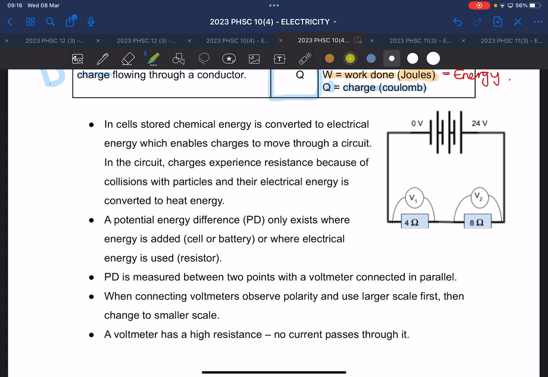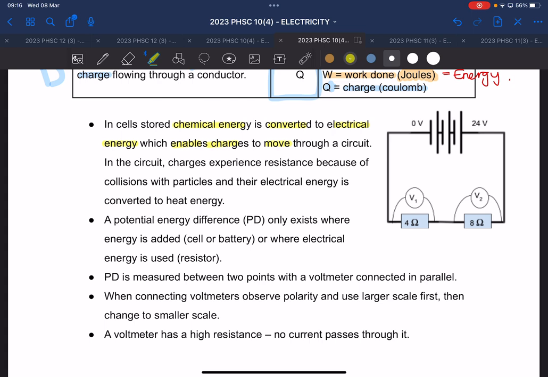Alright, okay. So chemical energy is converted to electrical energy. You need to know that conversion. And that enables charges to move. What does the word enable mean?